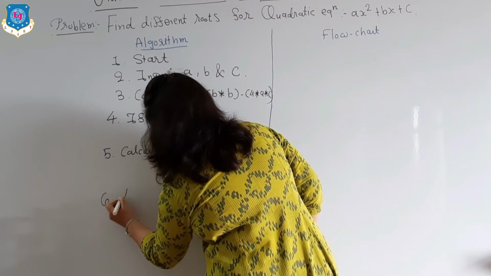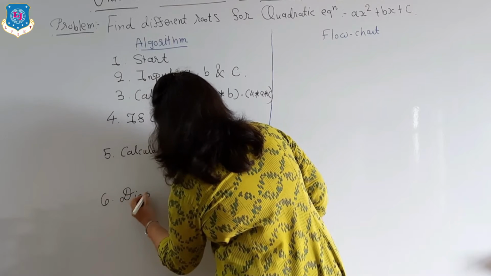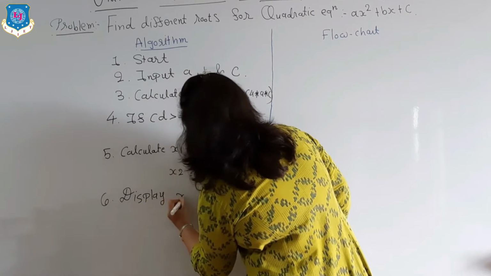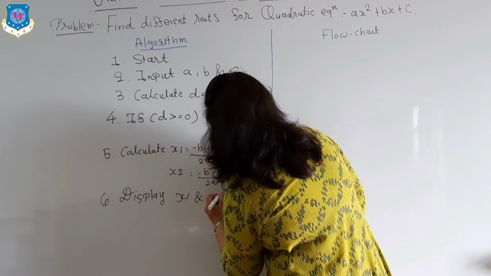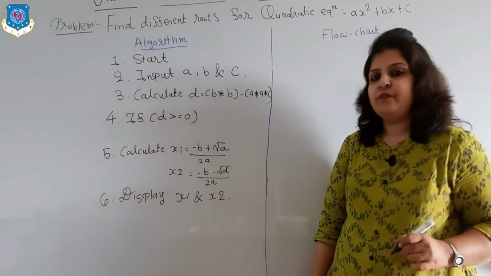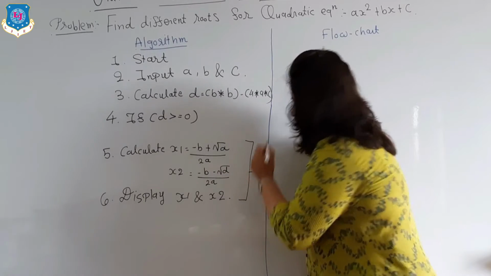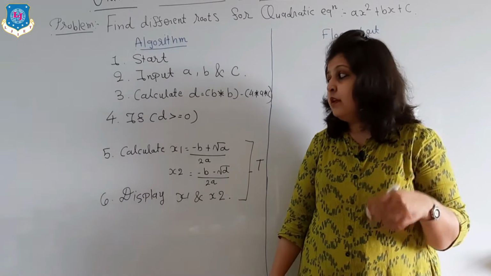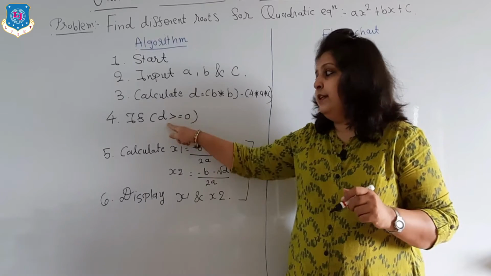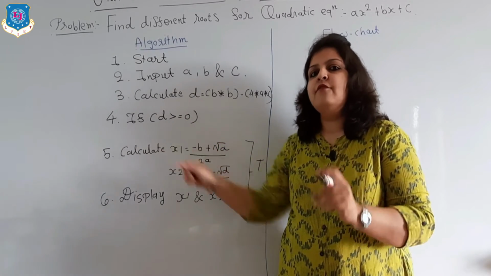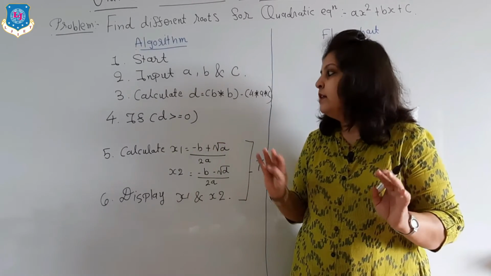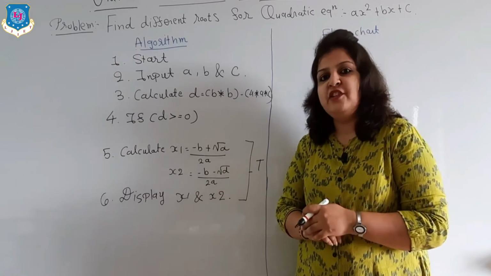So, display x1 and x2. Our true part is now completed. This is our true part. Now the false part. If delta is less than 0, then we just simply print that our roots are imaginary.